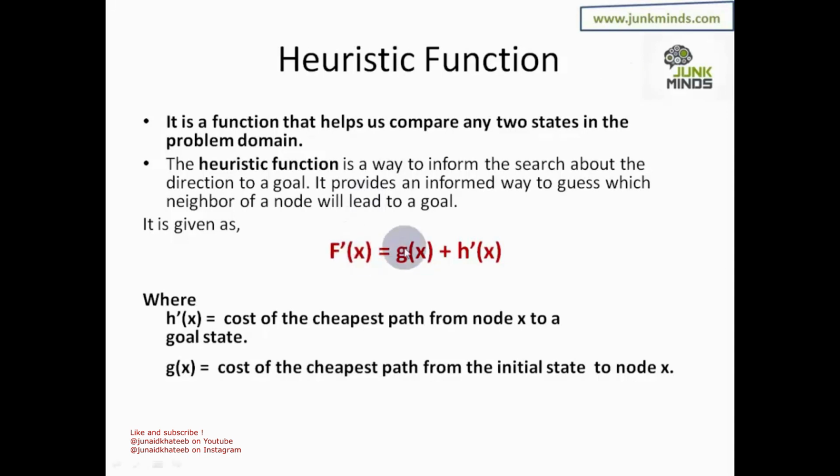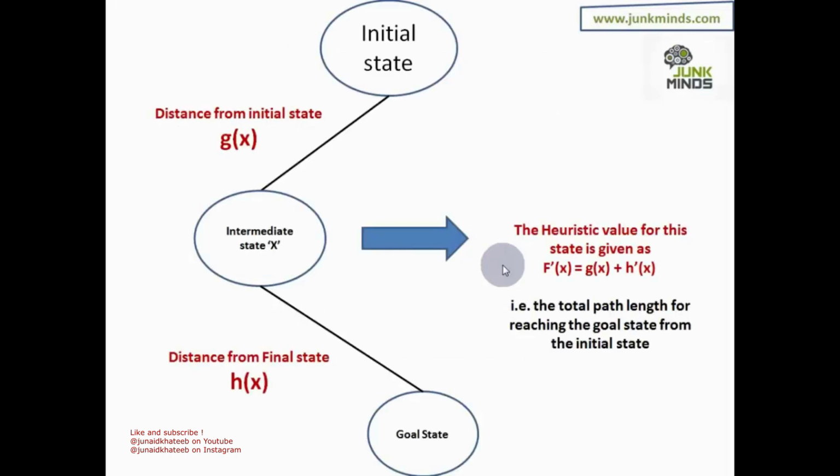But what exactly is g of x and what exactly is h dash of x? Understand something extremely important for the theory in the next part of the chapter, and for the problems and numericals as well. Suppose this is an initial state and my aim is to reach the goal state. For this intermediate state, say x, I'm planning to calculate the heuristic function.